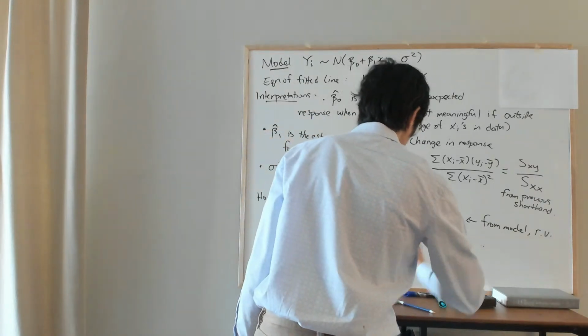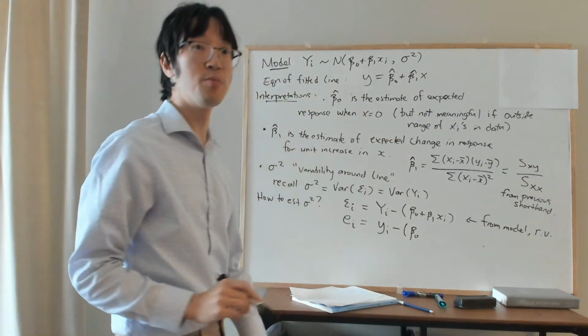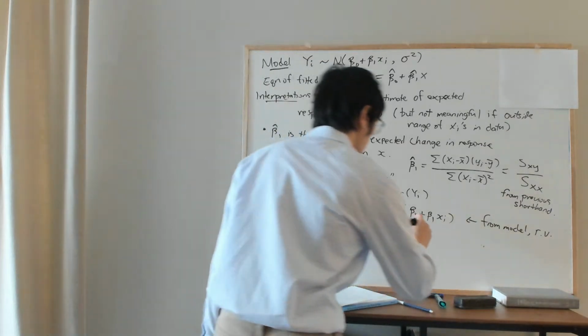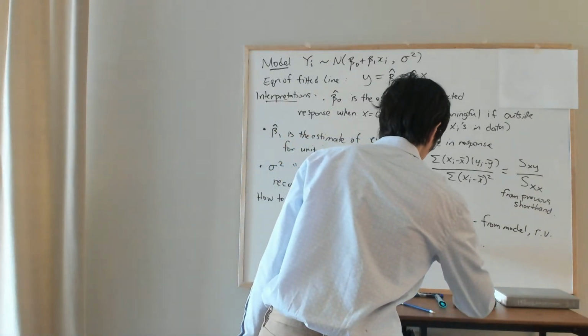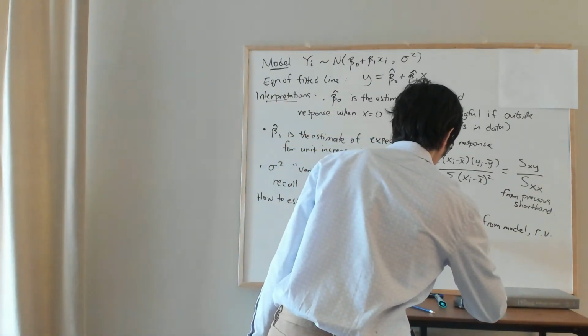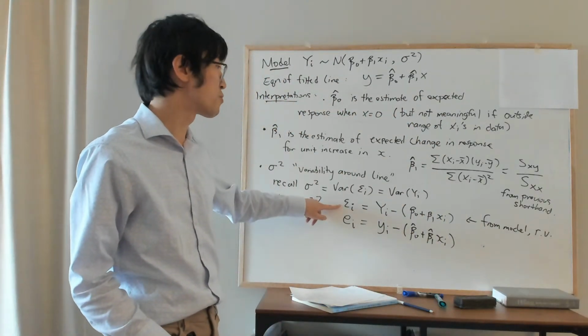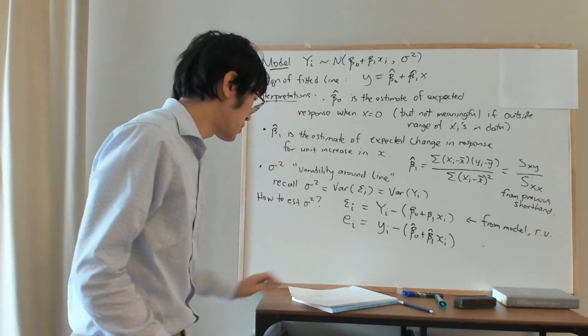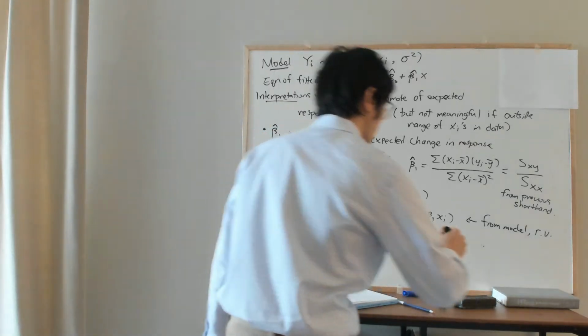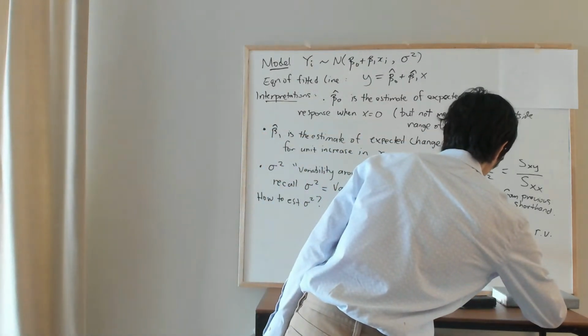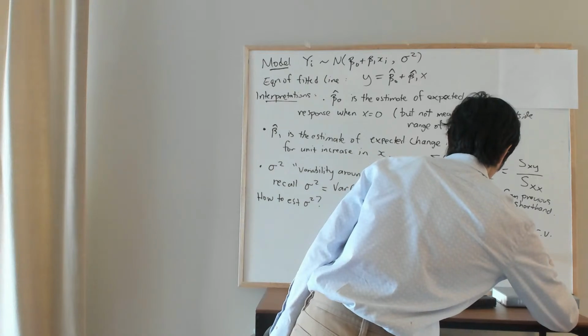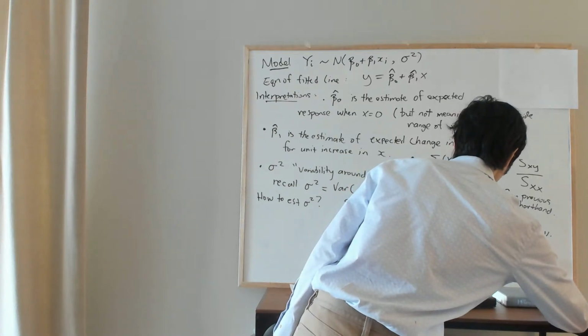That's the equation of the regression line with the estimates plugged in, beta 0 hat and beta 1 hat. So that's the difference between epsilon i and ei. Epsilon i is from the model, and ei is calculated from the data.